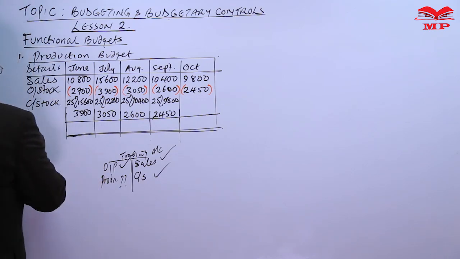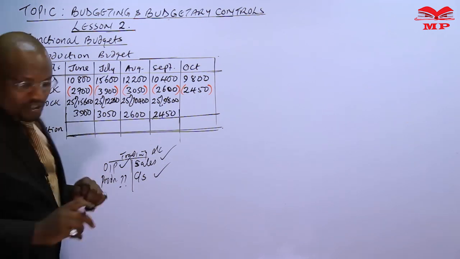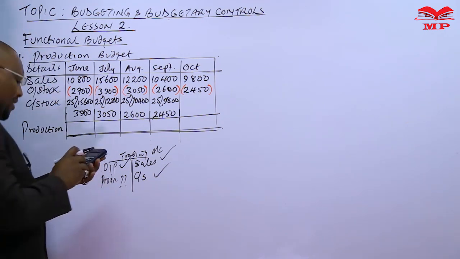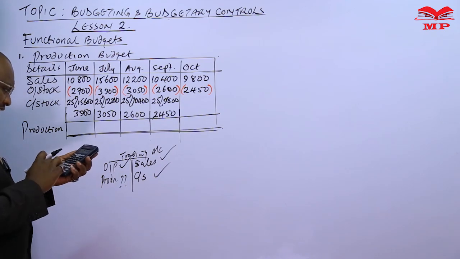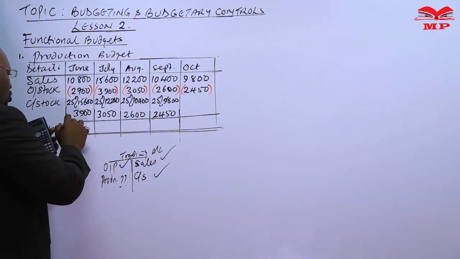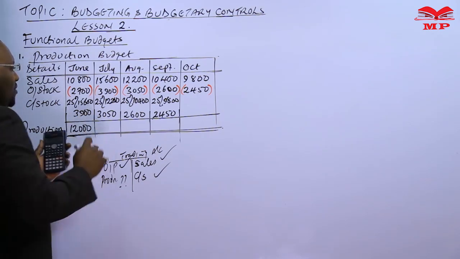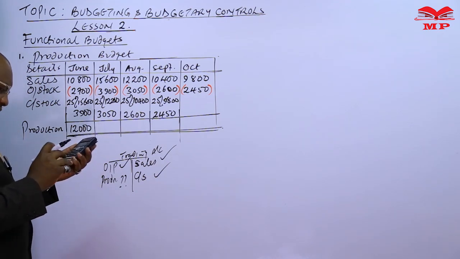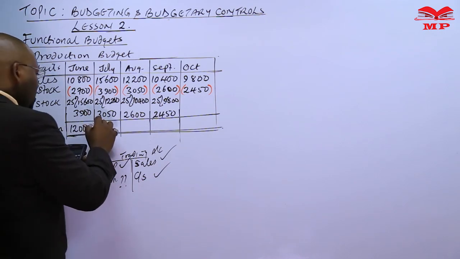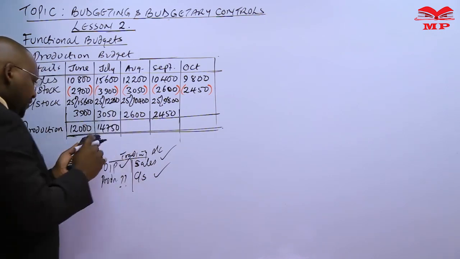This is production. For the first month, June, we have 10,800, we subtract 2,700, we add that 900. This is 12,000 flat. We have 15,600 in July, minus that 900, plus 3,050. This is 14,750.